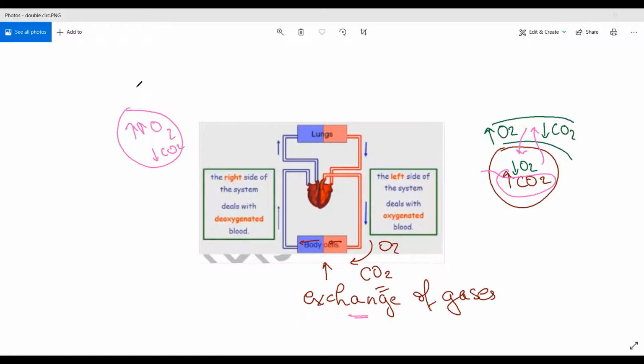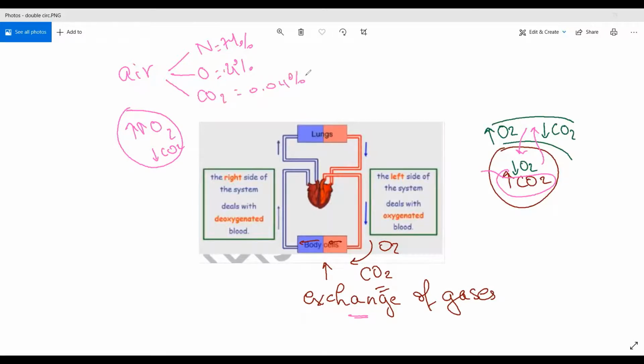When we breathe in, we are breathing in air, and air is a mixture of gases. We have nitrogen, 79%. We have oxygen in the air, 21%. And we have carbon dioxide in the air, 0.04%.